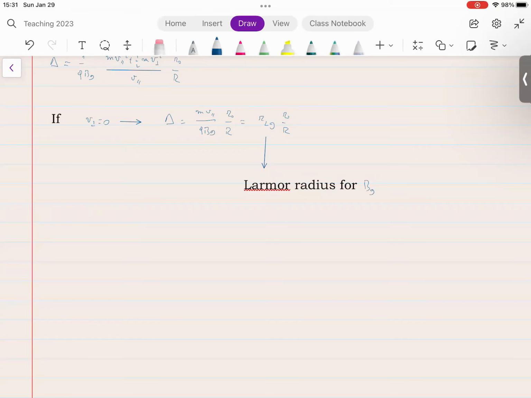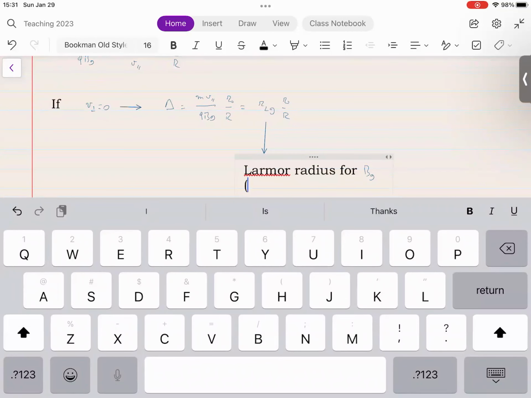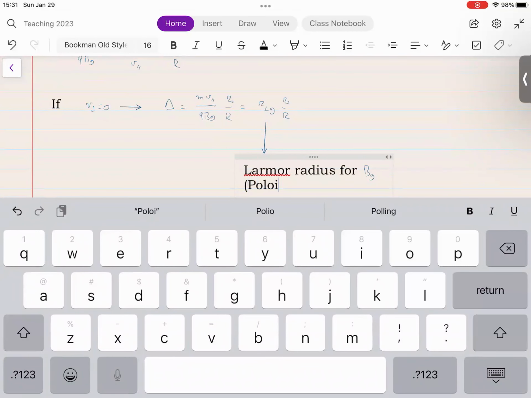This is also known as the poloidal Larmor radius.